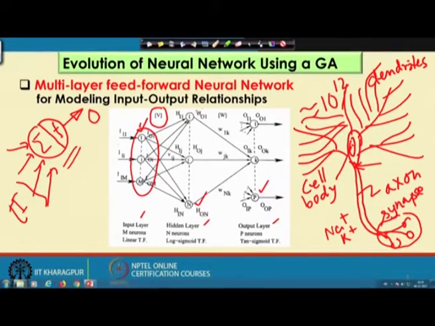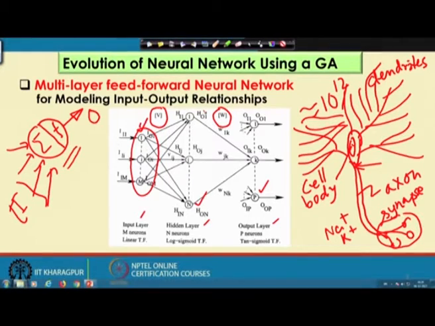Similarly, the connecting weights between the hidden layer and the output layer are denoted by the W matrix. Now, let us see what are the different types of transfer function which we generally use in this network. I am just going to discuss the different types.